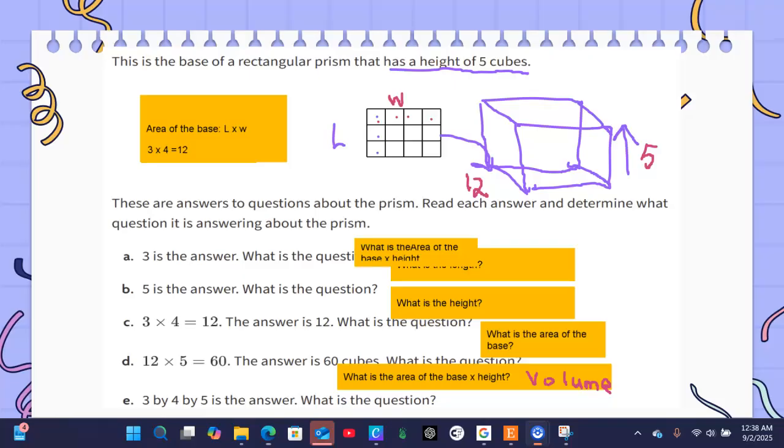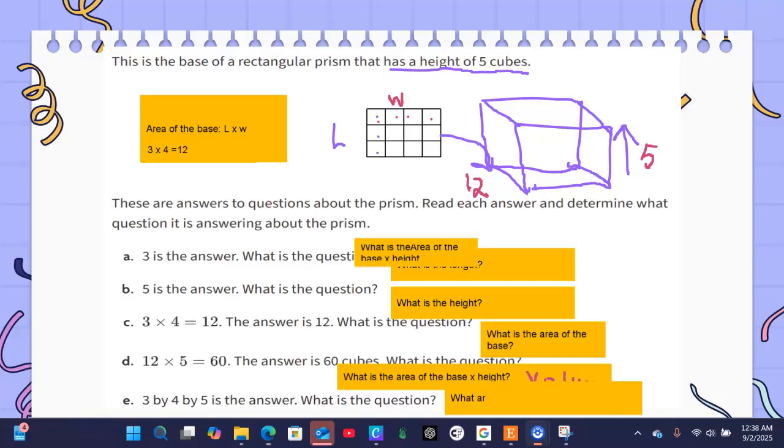All right, next one. 3 by 4 by 5 is the answer. What is the question? Well, the question would be pretty simple. Hold on, let's go back and do that again. Sorry, I'm covering up the bottom.